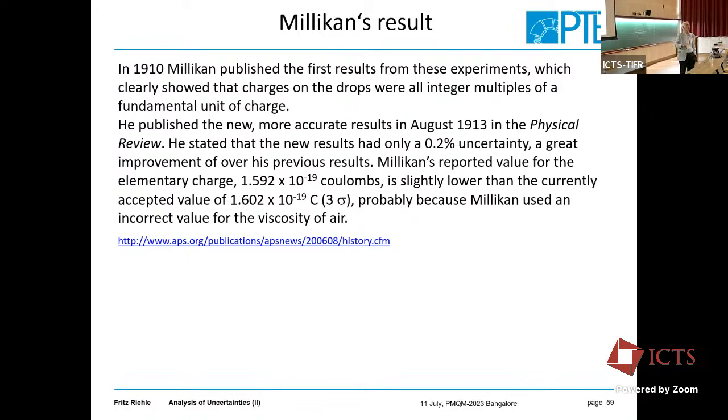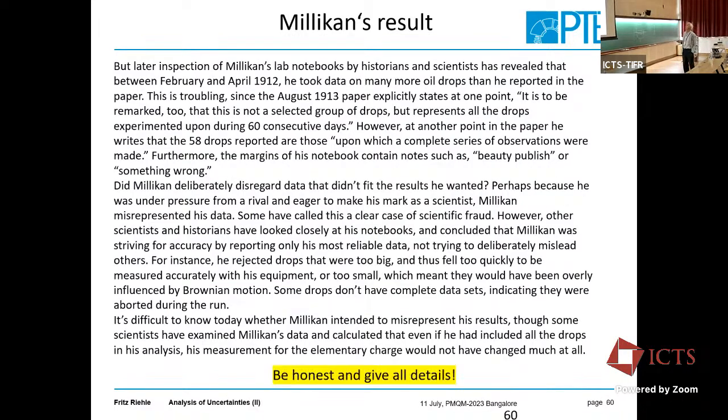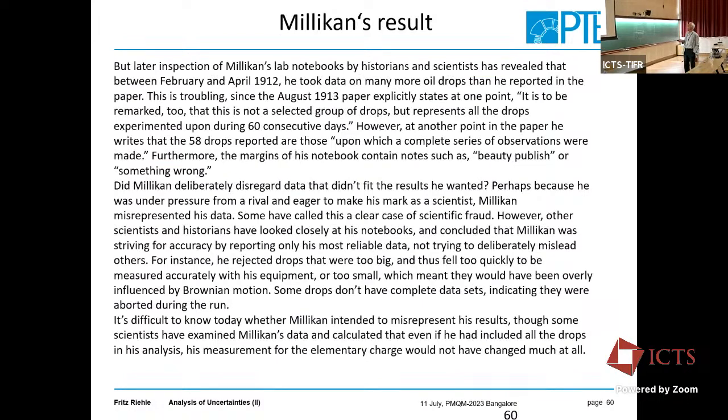He claimed 1 sigma, and it's now 3 sigma off. It's not dramatically bad, but beware that people could check your measurements later. So I can leave this out, but be honest and give all the details of your experiment.